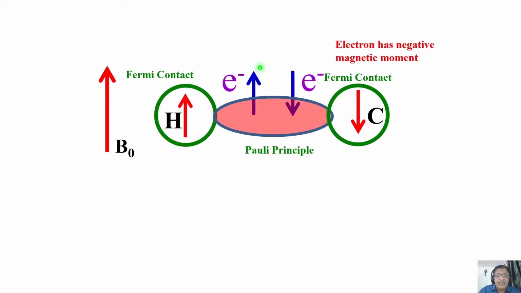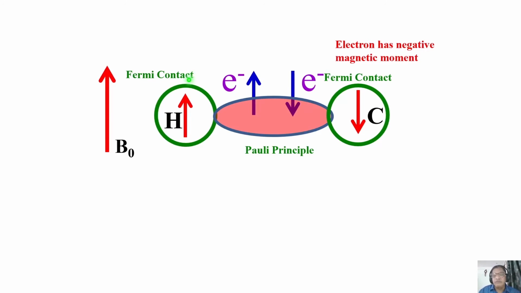It is as good as telling this proton, this electron is anti-parallel in orientation to this proton magnetic moment. Please remember this point. That is why diagrammatically I have shown this to be parallel to this magnetic moment, because the electron has a negative magnetic moment. Okay, so far so good.